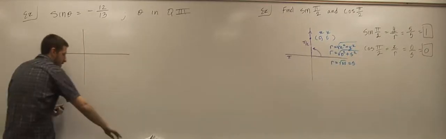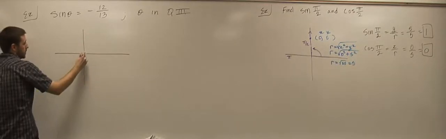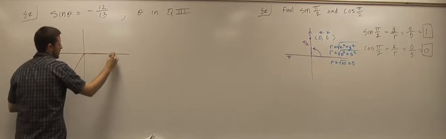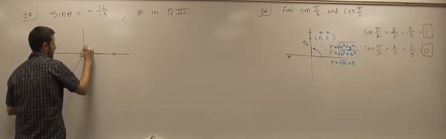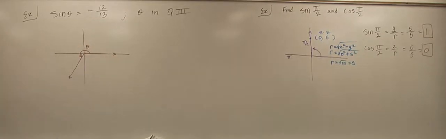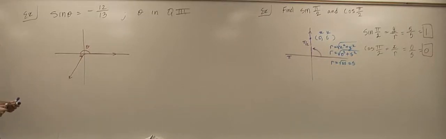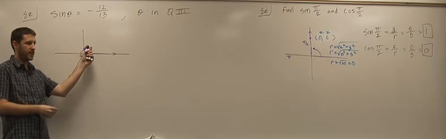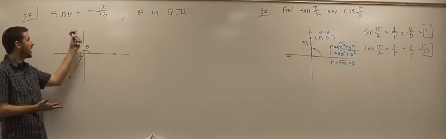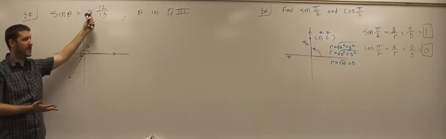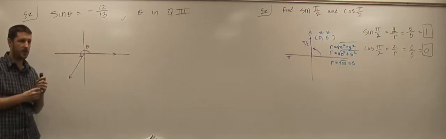Theta's in quadrant 3. This is quadrant 3. So there's theta. Now, I have to be a little creative because I don't actually have a measure of theta. I don't know what theta is. But I do know that sine of theta is negative 12 over 13.